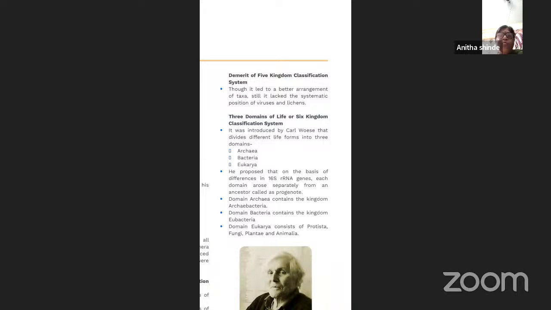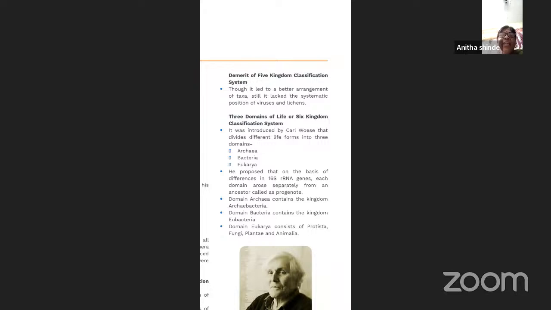The only thing he did is that this kingdom Monera, he divided into 3 domains based on the 16S ribosomal RNA differences. On the basis of the difference in the 16S ribosomal RNA genes, he classified the kingdom Monera into 3 different domains. What are those? One is called archaea, another is bacteria, and the third is eukarya.